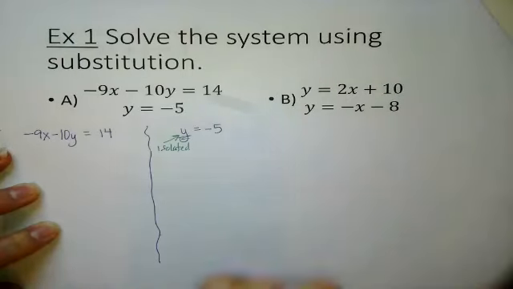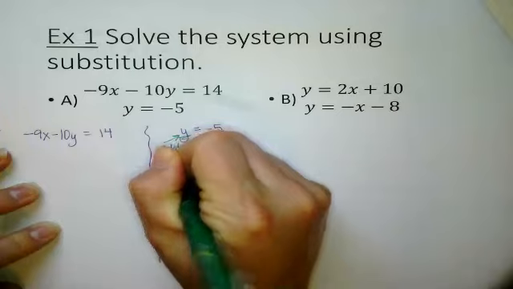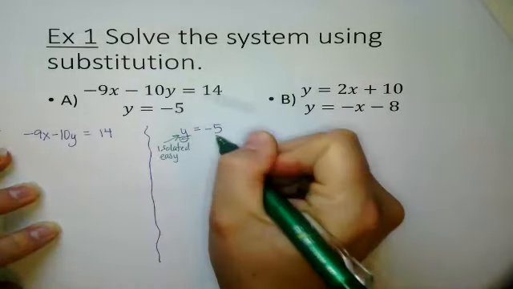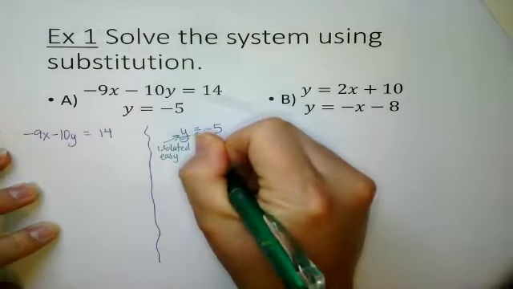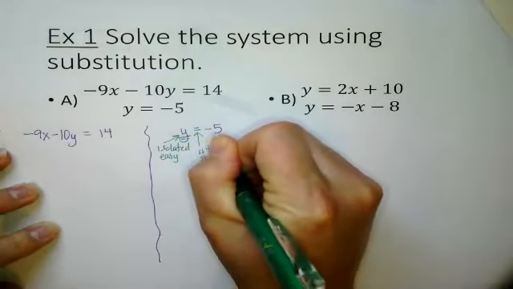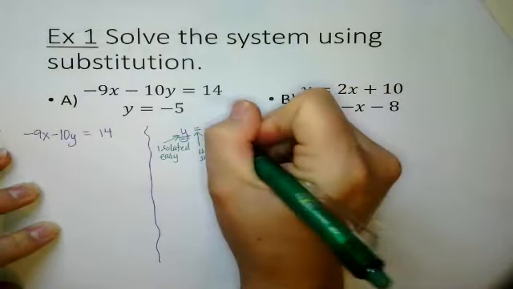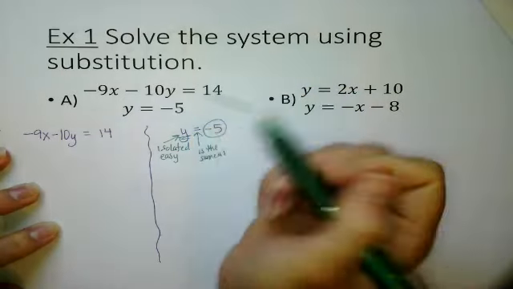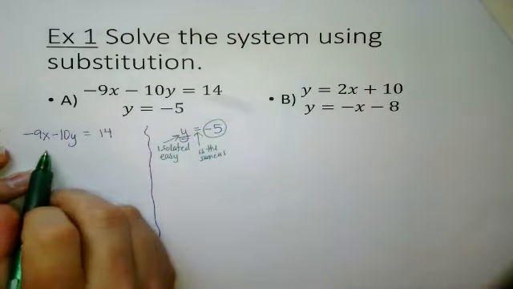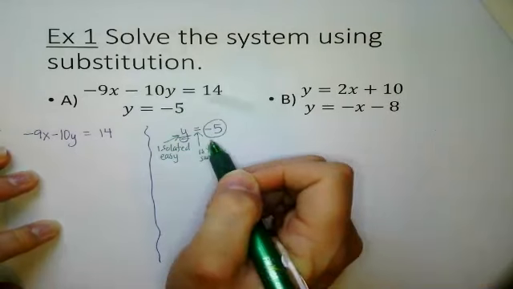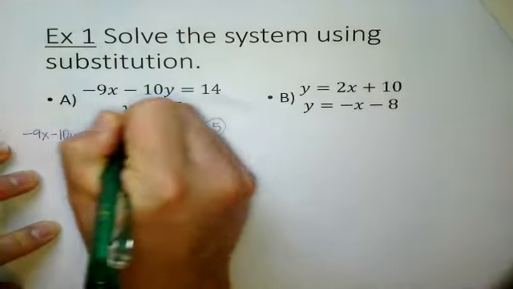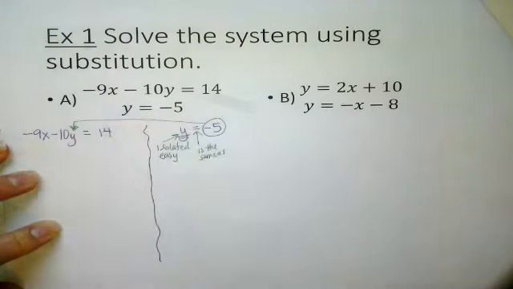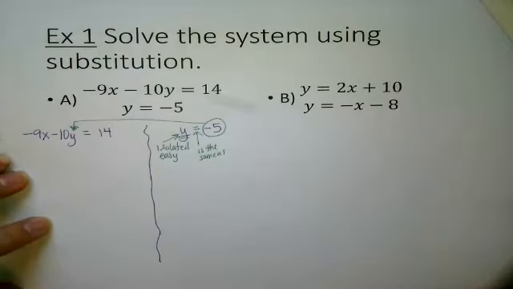So there's my easy variable: y is the same as -5. We're going to take -5 and plug it into the other equation. Where does it go? It's the same as y, so we plug it in place of y. Remember, it is substituting. It is replacing.